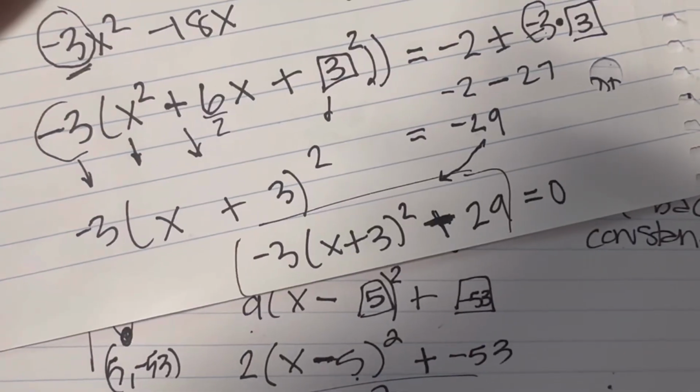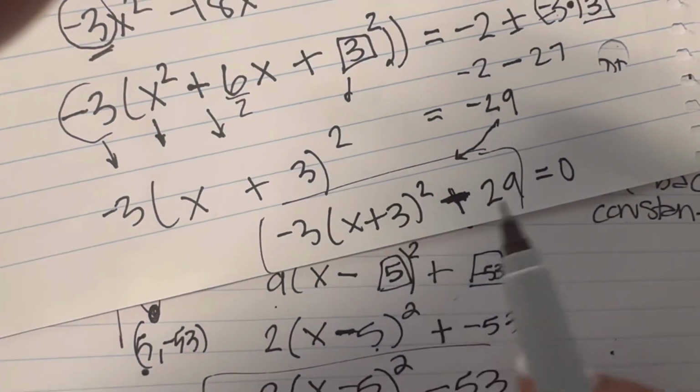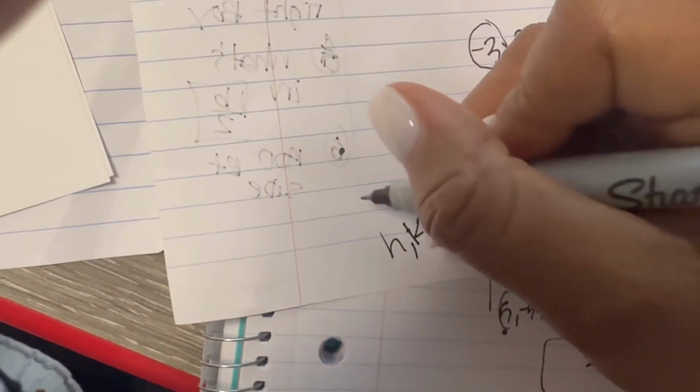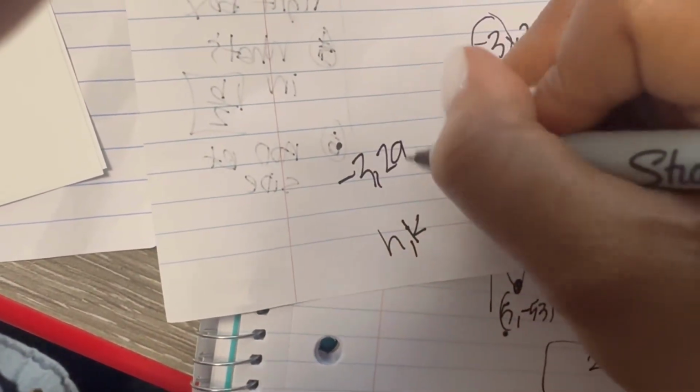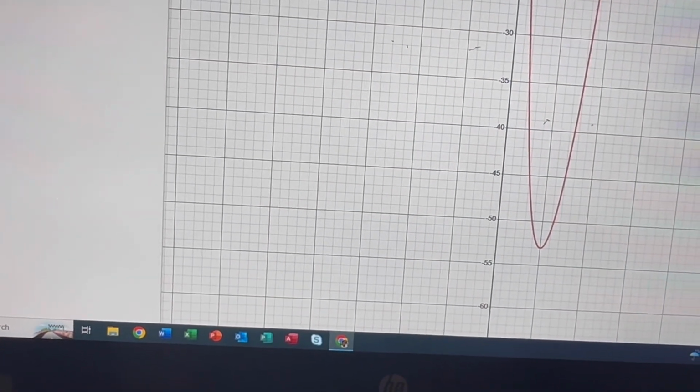And if you graph it, it should be the same. Your vertex should be negative 3, 29 if you graph this. Let's check. Let's graph it. Negative 3x squared minus 18x plus 2.